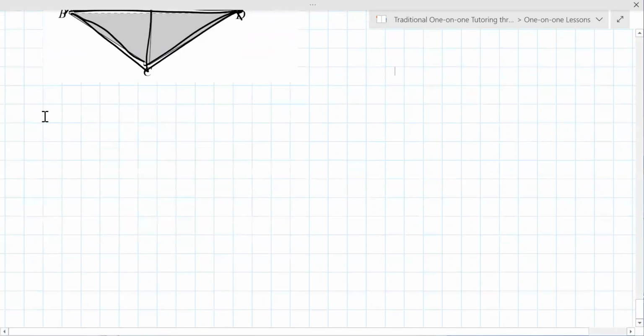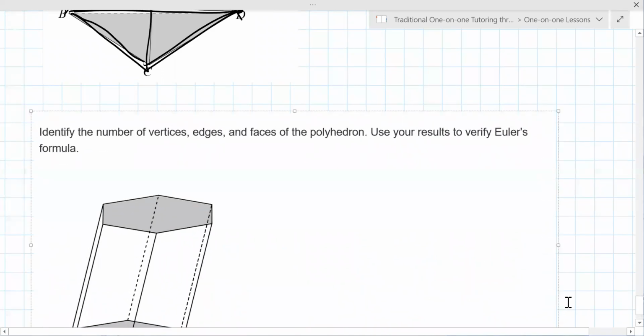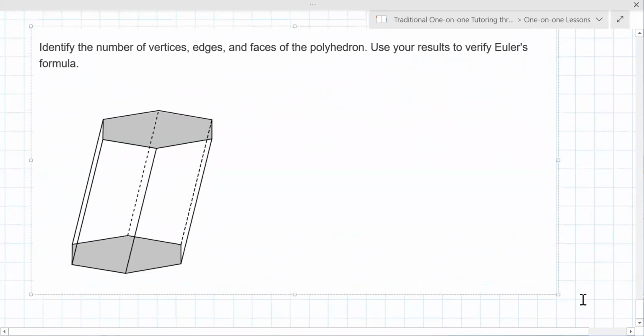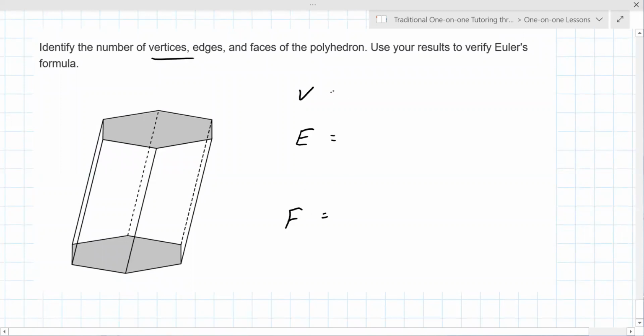All right. So I want you to try on your own here. Maybe this would be tough because you're looking at a screen. But I was hoping you could tell me the number of vertices, number of edges, and number of faces. And if you can't, that's okay. I know it's not great, but this is a hexagon up top. There's 6 here. So can you remind me if the vertices are the points?